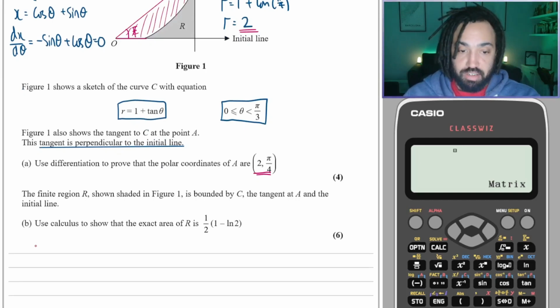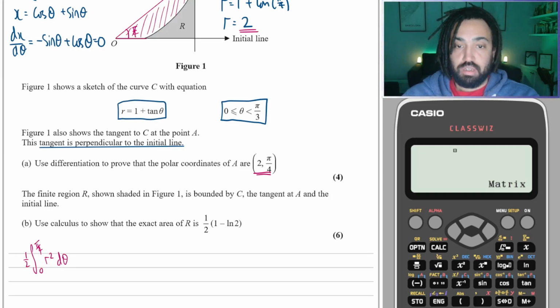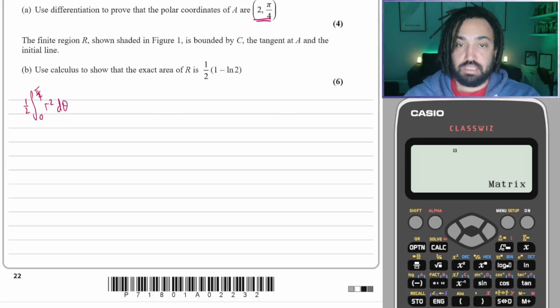So that red area is going to be the integral between pi over 4 and 0 of a half r squared d theta. Okay, great. So we could do that.